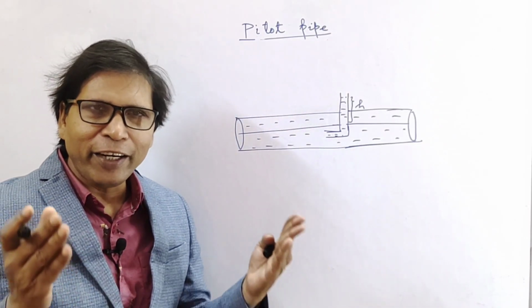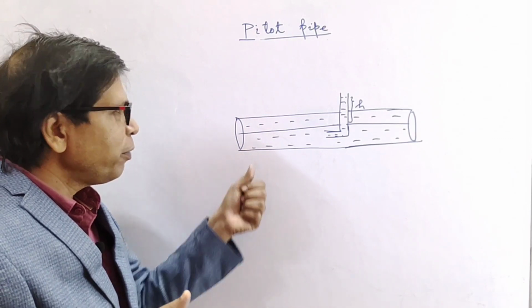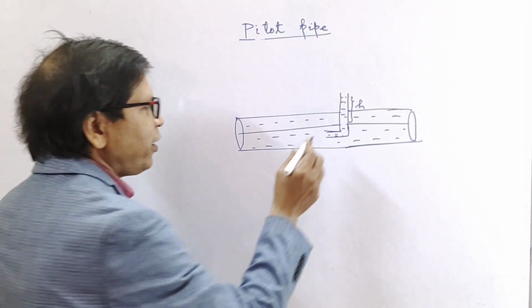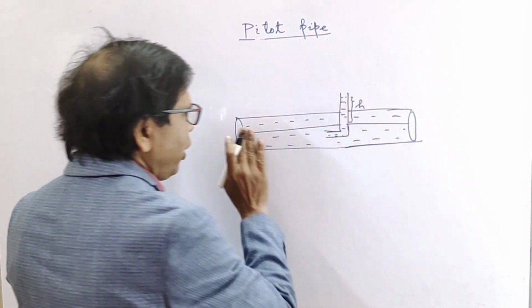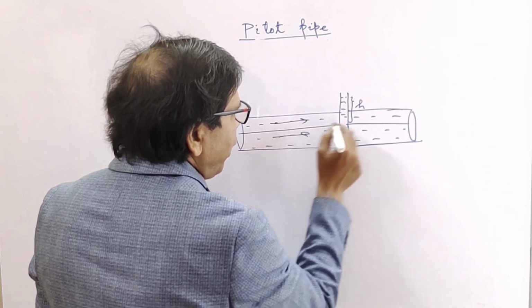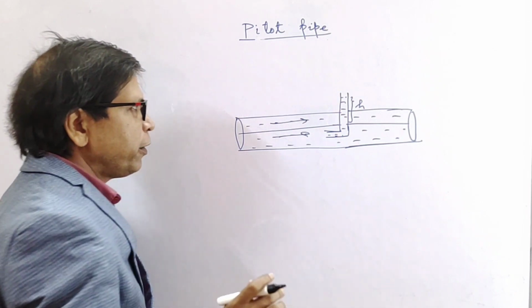Now next, pitot pipe. To measure the rate of volume of liquid flowing through a pipe, pitot pipe is used. Look at this, this is a pitot pipe, liquid flows through this direction. So here the height of the liquid column in the pitot pipe rises.